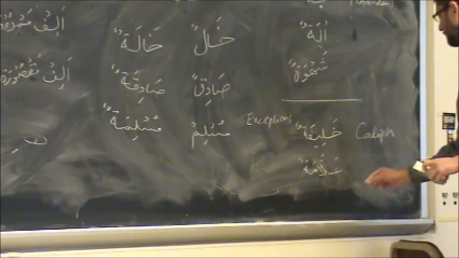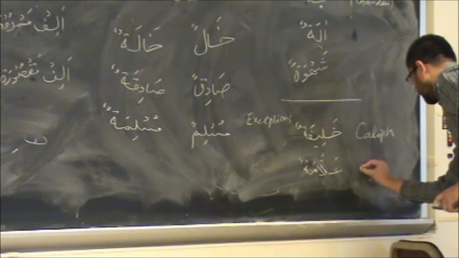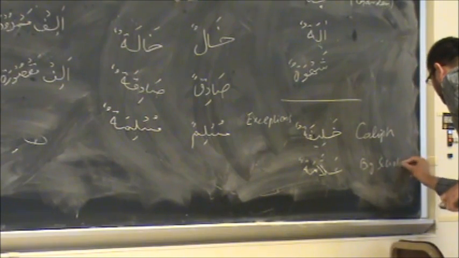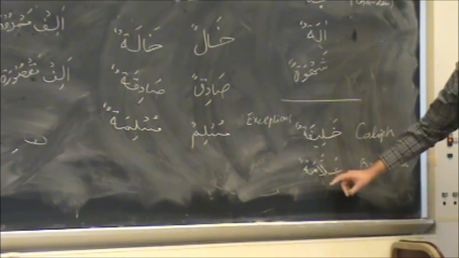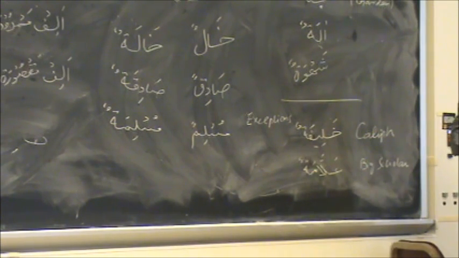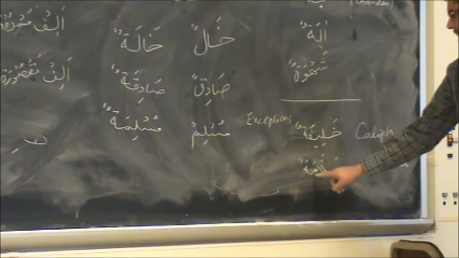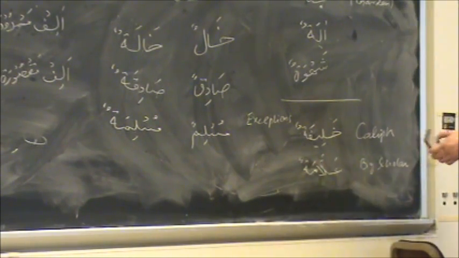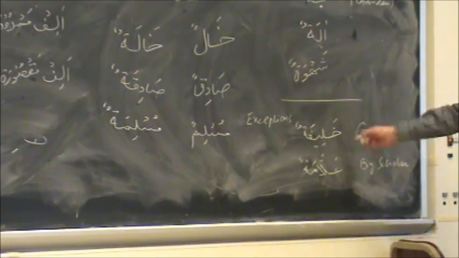Allamatun means scholar, very great scholar, big scholar. So that is also masculine, although it has ta marbuta. These are exceptions. Ain, lam, alif, mim, and ta. Allamatun and khalifatun.